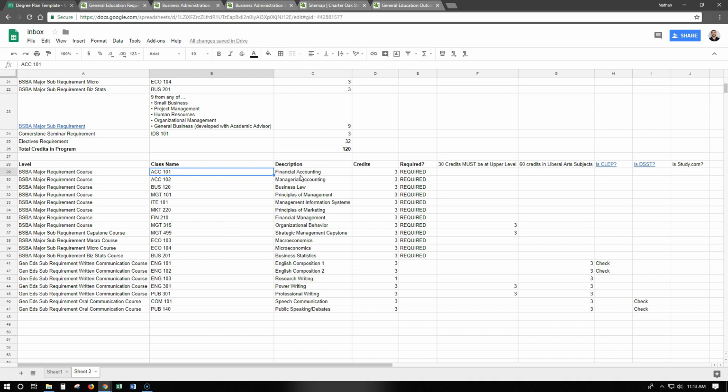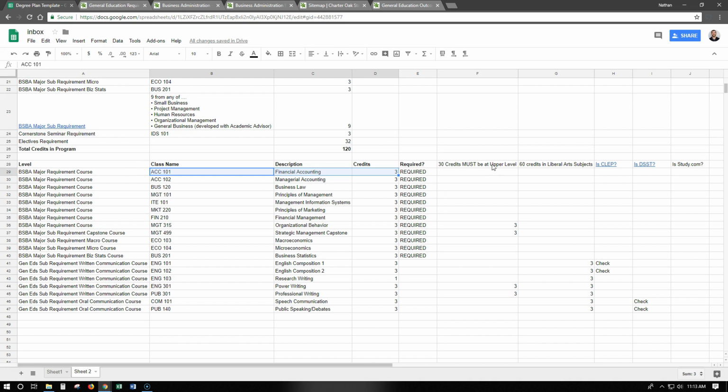Or don't put this and this into a single cell, right? ACC 101 financial accounting, 3 credits. Do not put all that information into a single cell. Why? Because that is inherently unsortable. And that's gross. You want to be able to sort your data.